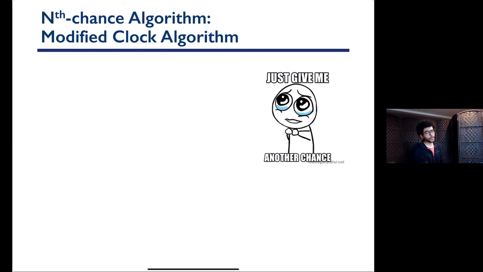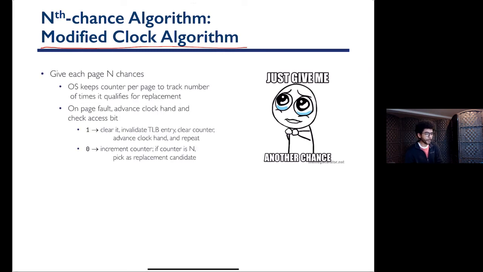This is a modified version of the clock algorithm. Instead of having a single bit, the access bit, we could do better. For example, we could use a larger number of bits.